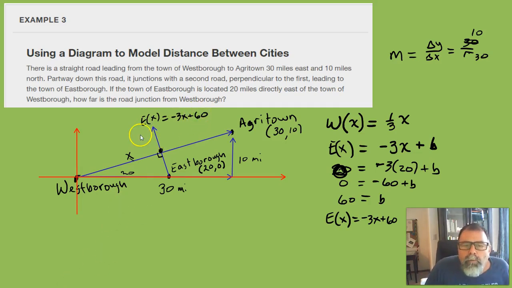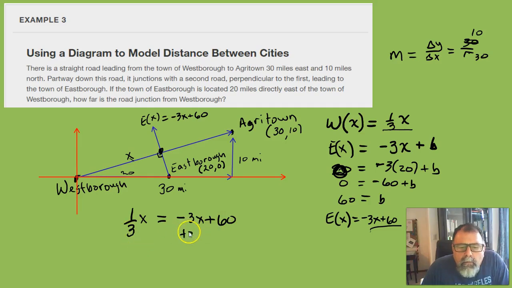Now that we have the equations for both of these lines, to find the intersection point, we just set them equal to each other. So the Westboro line is 1/3 x, and the Eastboro line is -3x plus 60. We solve it. So we add 3x to both sides. So 3 and 1/3 would be 10/3, 10/3 x equals 60.